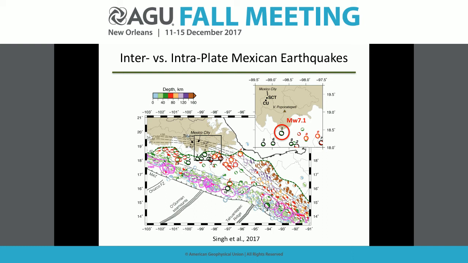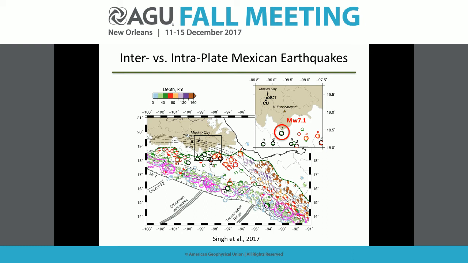Then we have the intraslab earthquakes, those that ruptured this year, which are less frequent, but recent works analyzing several records of those earthquakes in Mexico City show that the exceedance rate at the city from both kinds of earthquakes is similar, which means that the seismic hazard from the probabilistic point of view is almost the same.